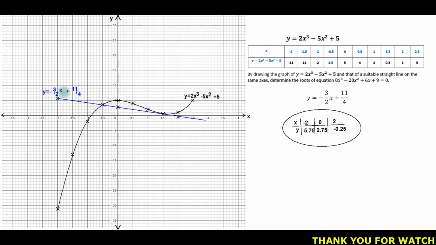So that is the equation, and now we need to answer the question.